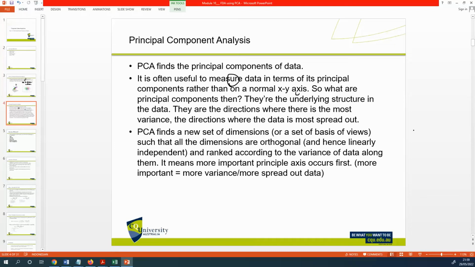It is also important that PCA finds a new set of dimensions, which are standalone. And we rank the dimensions according to the variance of data along them.